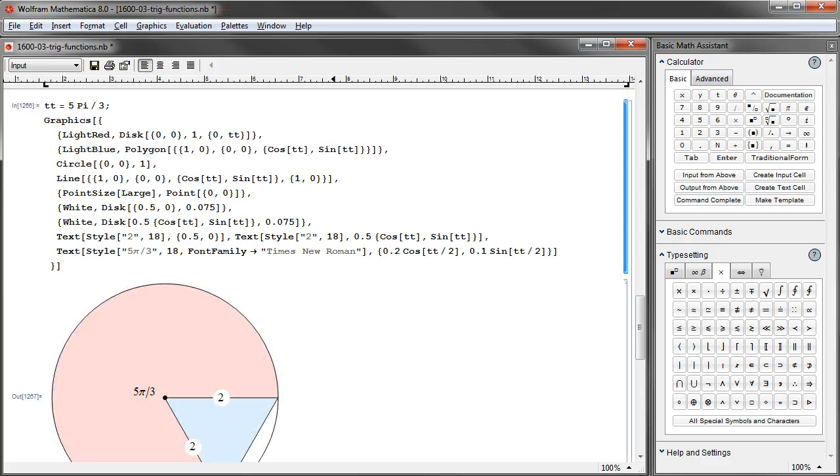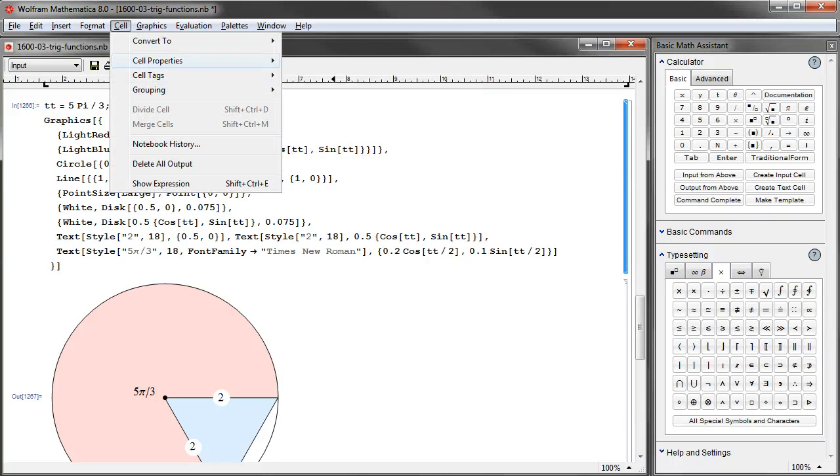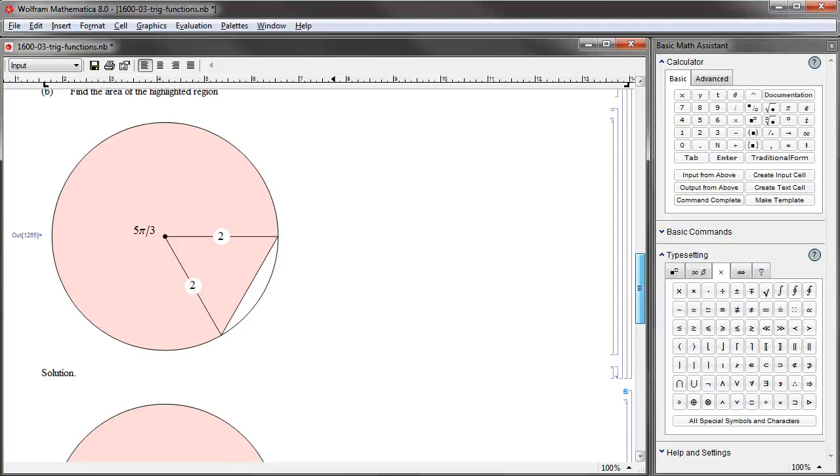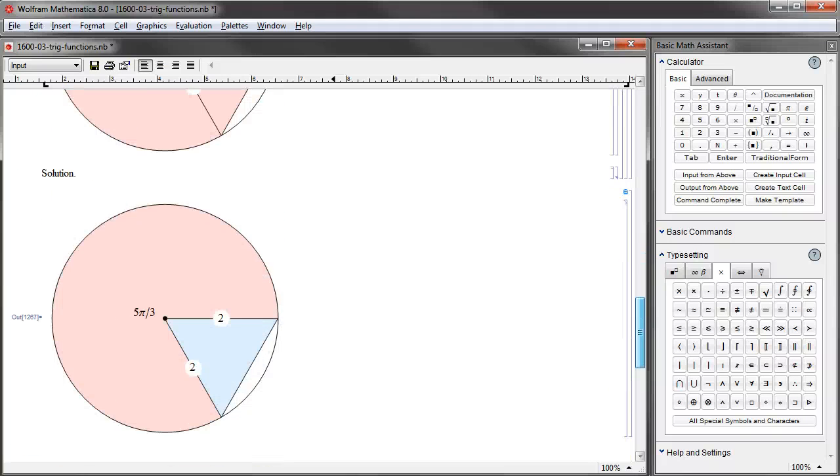Okay, let's compare these two pictures. In this first picture, everything is shaded, and in the second picture, the sector is shaded in light red and the triangle is shaded in light blue.